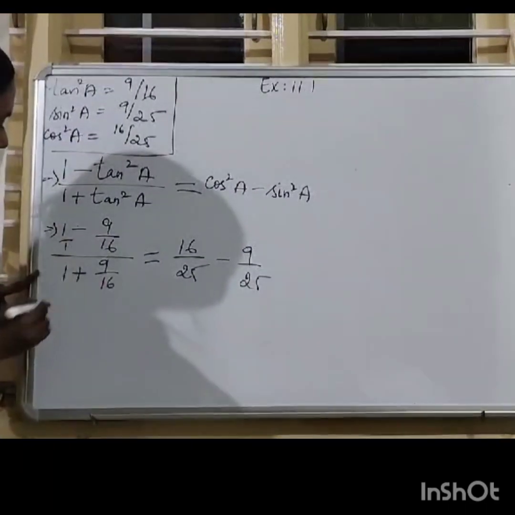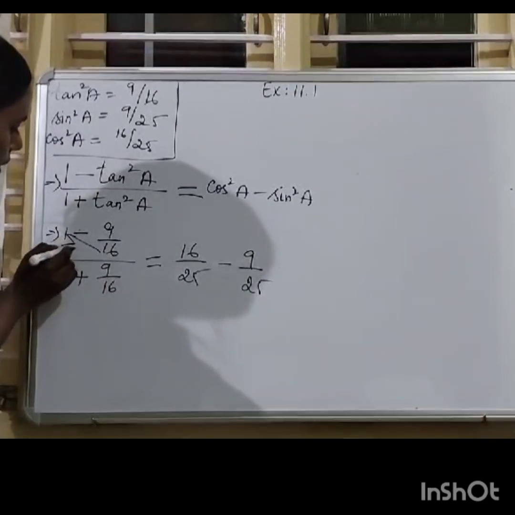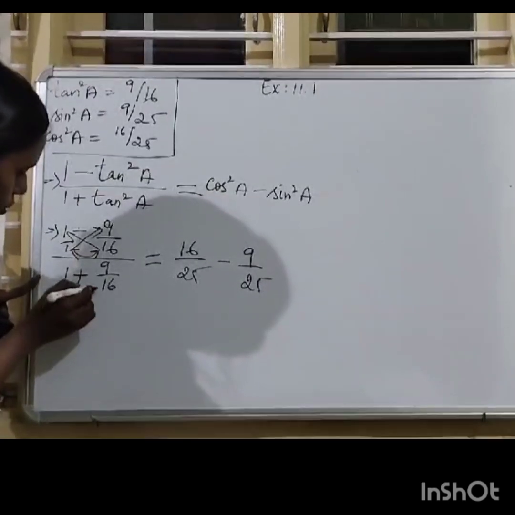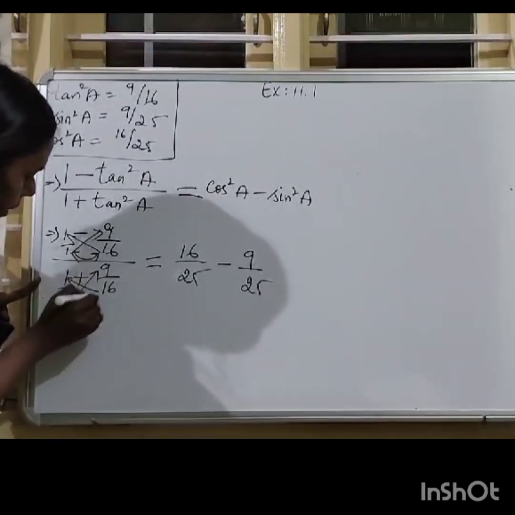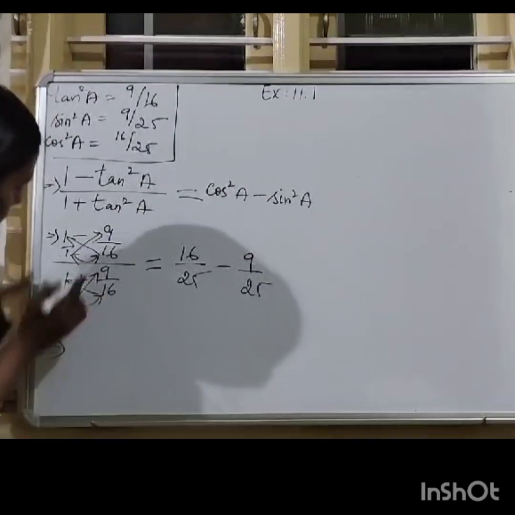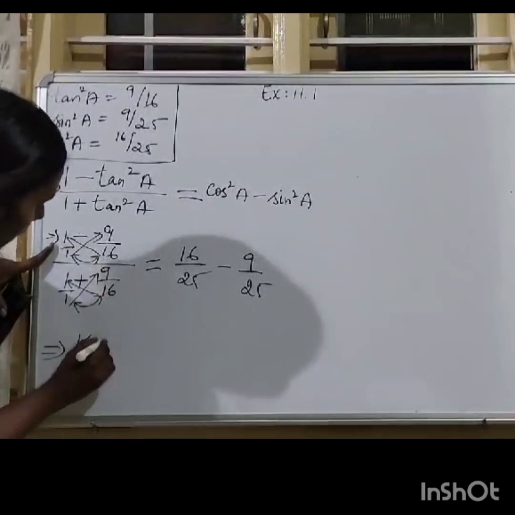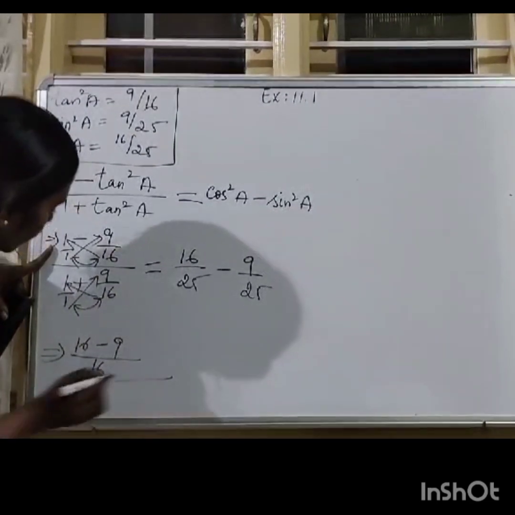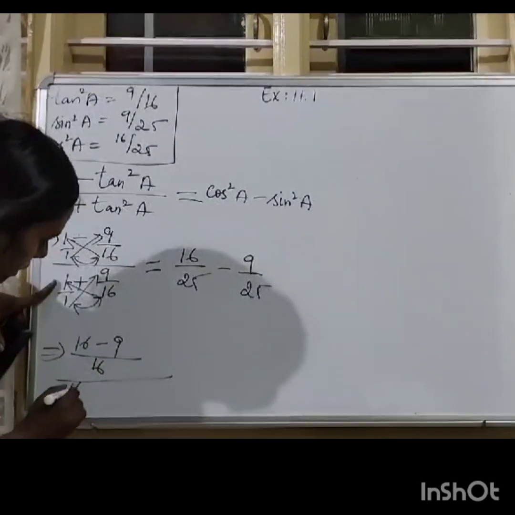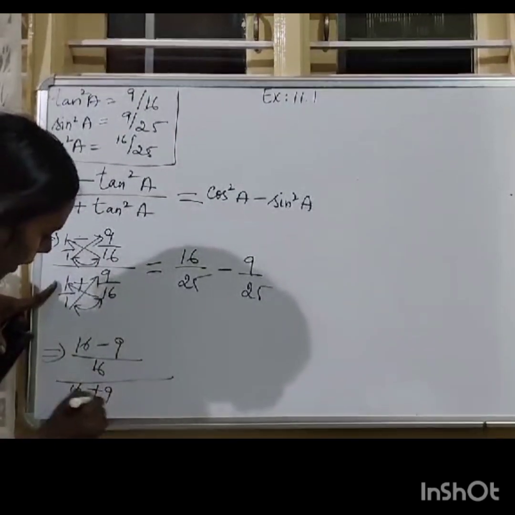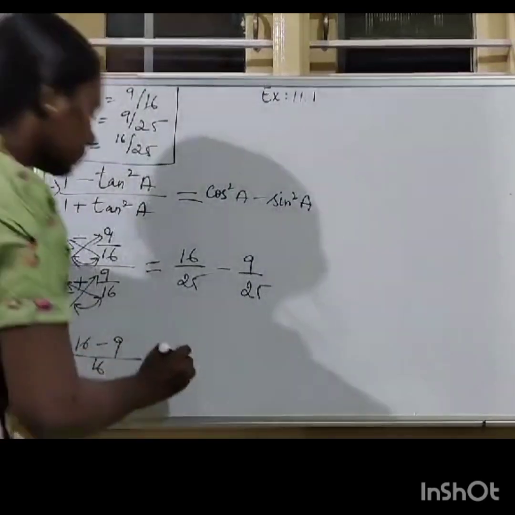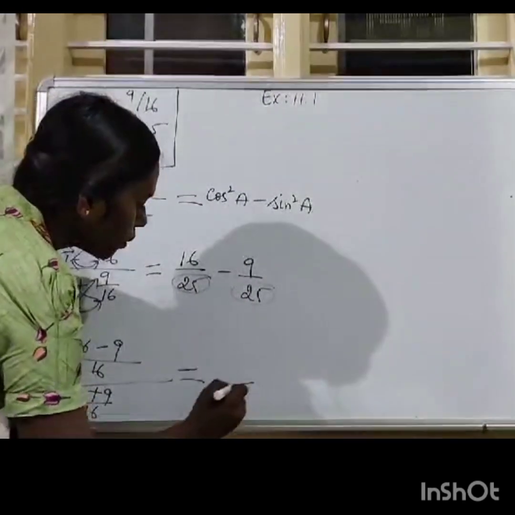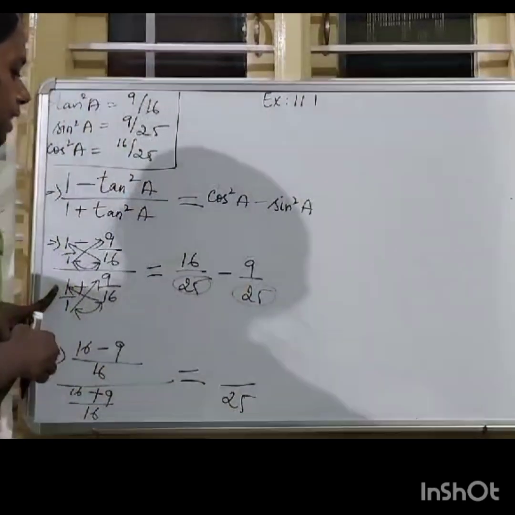Now here we are supposed to take LCM. LCM is: multiply this number with this number, and these two numbers. Similarly for this also, 16 with 1, 1 with 9, 16 and 1 will be multiplied. So 16 ones are 16 minus 1 nine is 9, whole divided by 16. The entire thing is divided by 16 ones are 16 plus 1 nine is 9, whole divided by 16, is equal to, here the denominators are the same, so we will directly subtract 16 and 9.